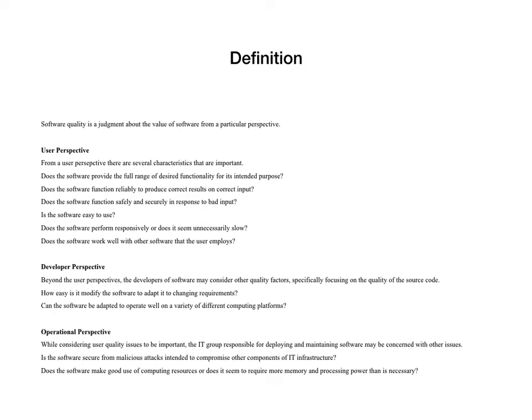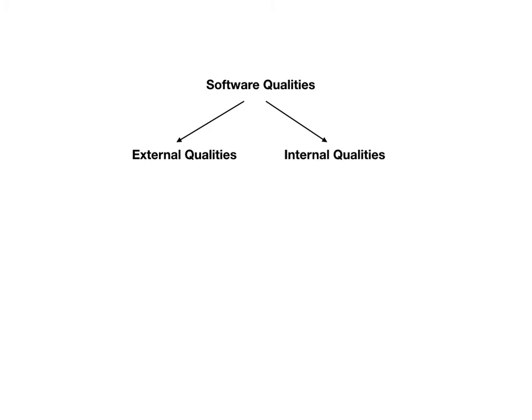Now that you know the different perspectives, we can move to qualities. There are two kinds of software qualities: external qualities and internal qualities. External qualities are those that are visible to customers, so you can use your user perspective knowledge here.